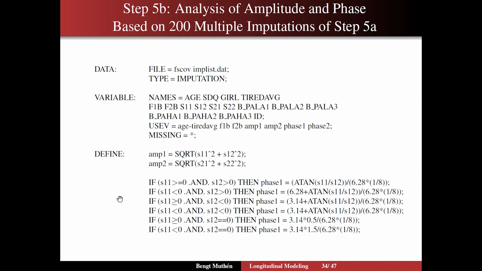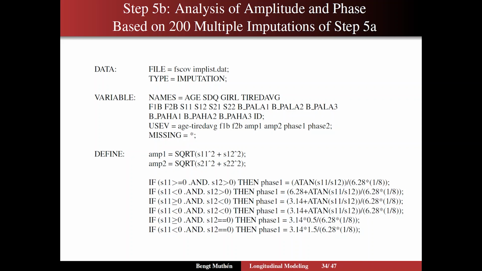And these are the issues in computing phase. Phase for factor 1 on this slide and phase for factor 2 on the next slide. The intricacies of computing phase are discussed in the appendix in the paper and its supplement.